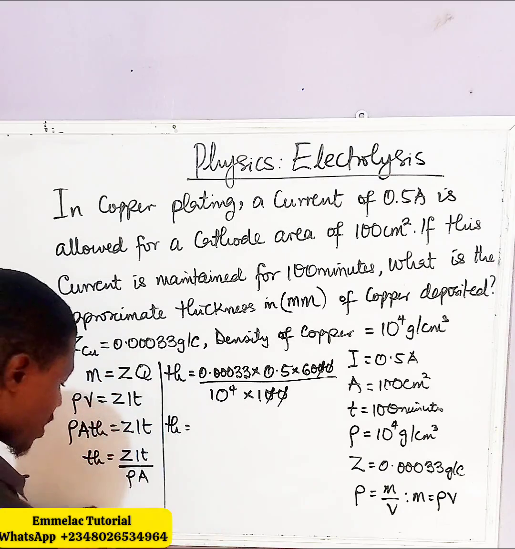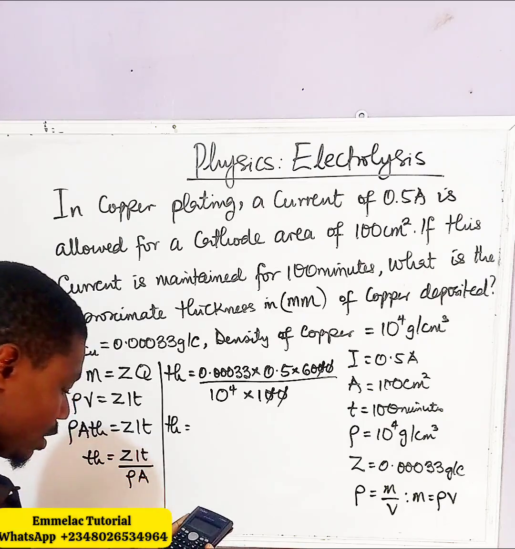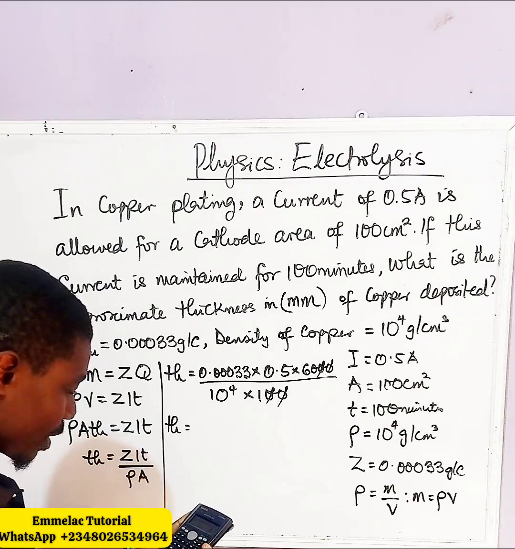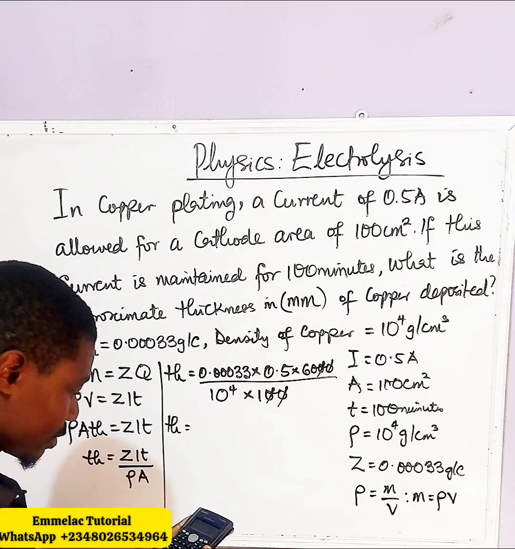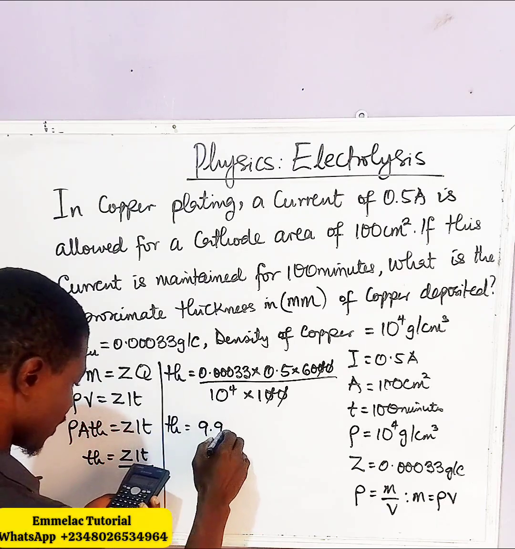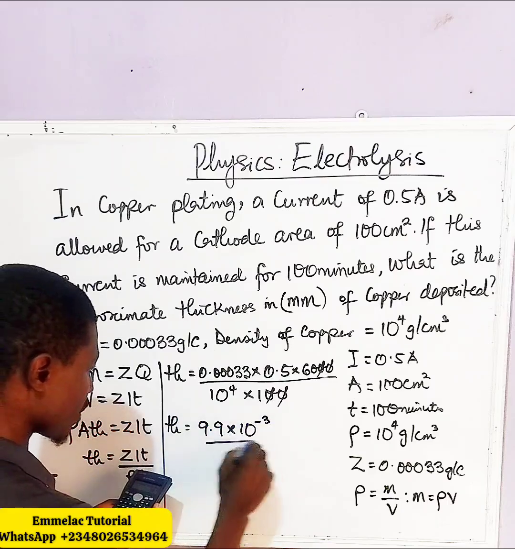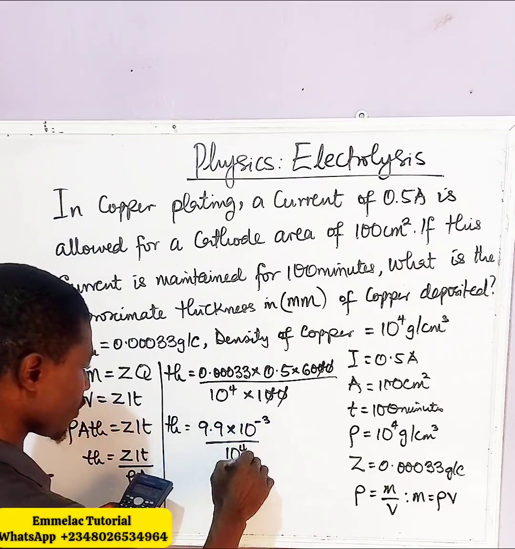Let's say, by computing, 0.00033 times 0.5 times 60. So this will give us 9.9 times 10 raised to the power of minus 3, all over 10 raised to the power of 4.